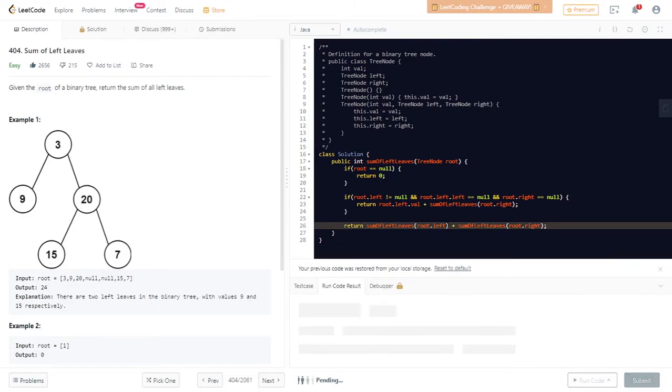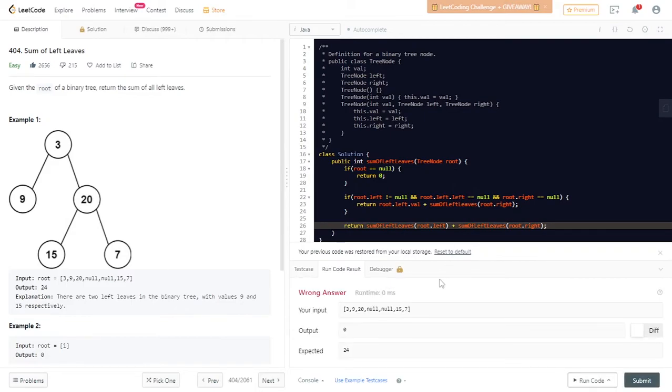Okay, let's run it again. Oh, it's giving wrong answer. Let's see why it's giving output 0.